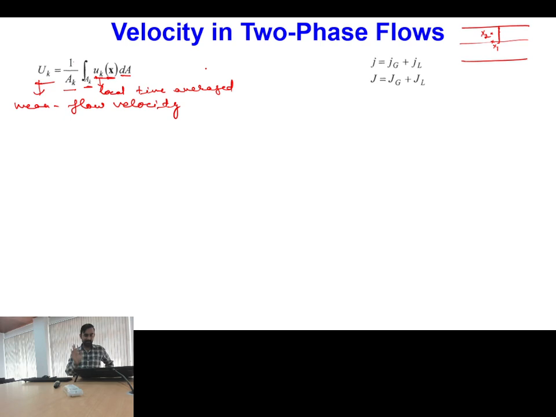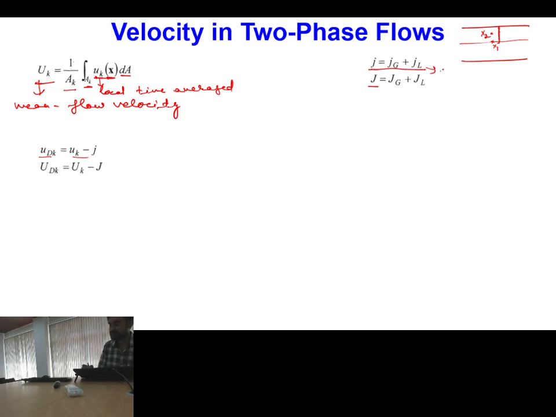Now we know that, I will not repeat this. In case of multi-phase flows, we actually have J, the superficial velocity or volumetric flux, which will be Jg plus JL. Then of course we will also have drift velocities. When I am referring to the small symbols, these refer to local points, and when I am referring to the capital symbols, these refer to the overall cross section averaged quantities, mean quantities.